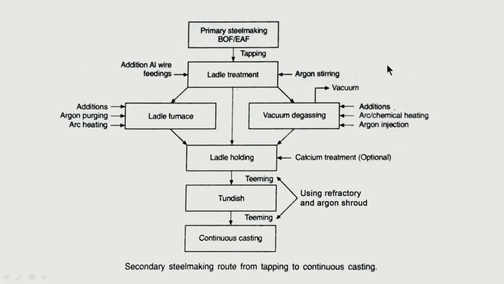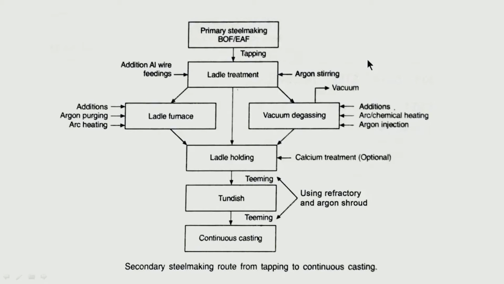After we tap in the ladle, we are going to do ladle treatment. So what can we do? First I have to do deoxidation. So I can use aluminum wire feeding which can do deoxidation. Some argon rinsing is necessary, I have told you. Why?